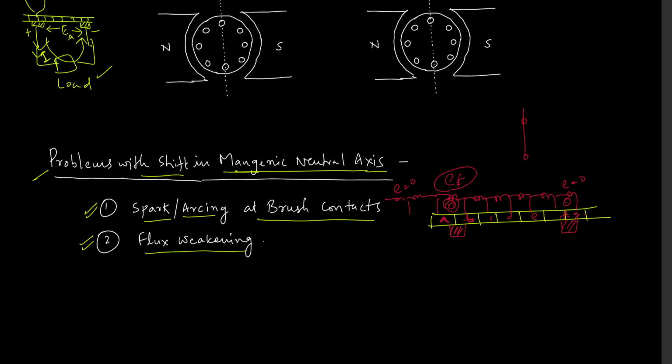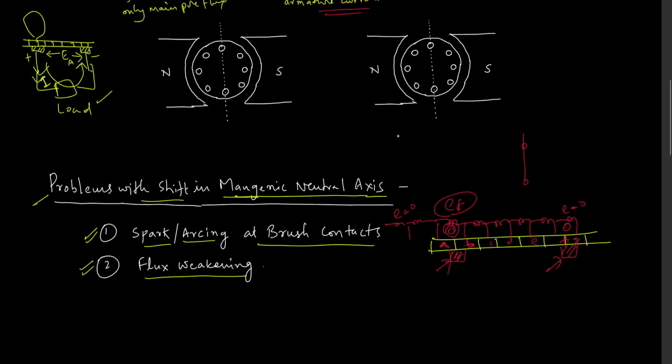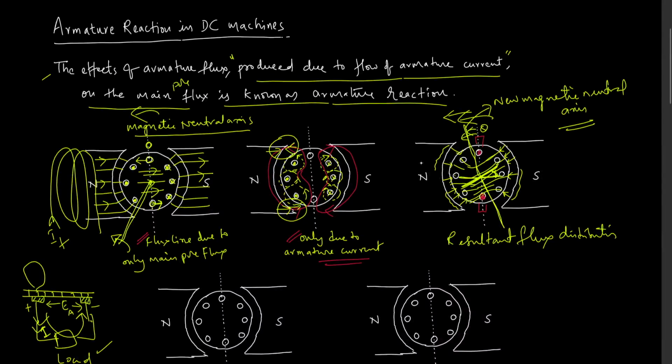So that is the main problem due to shift in the magnetic neutral axis, because once we fix the positions of the brushes, they are not going to change. If we fix them according to the no load condition, with no current, then the magnetic neutral axis will be at this position.